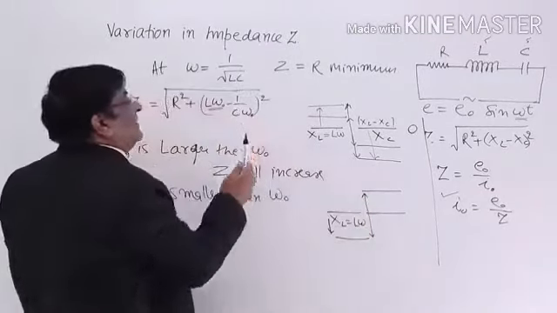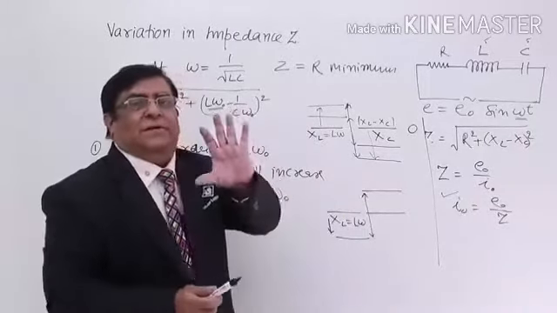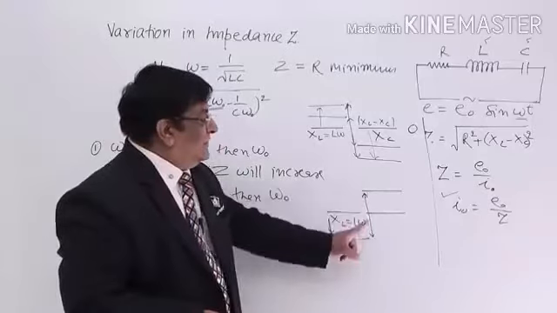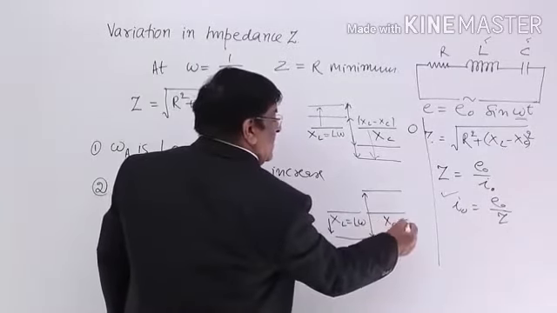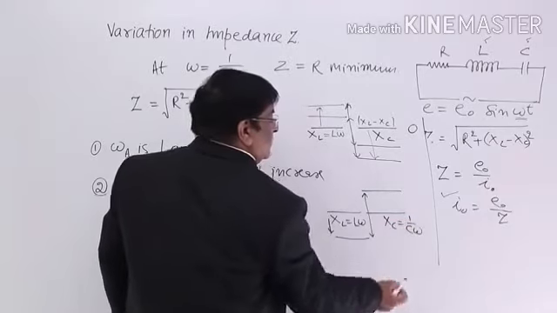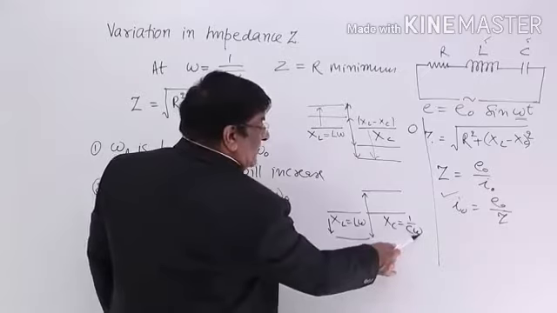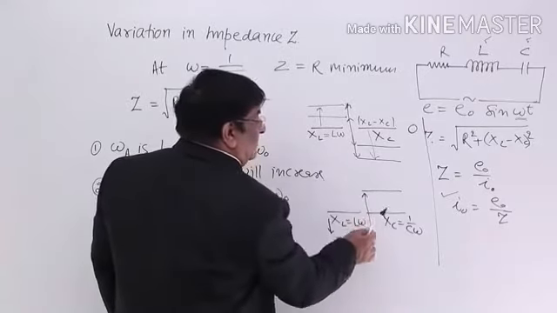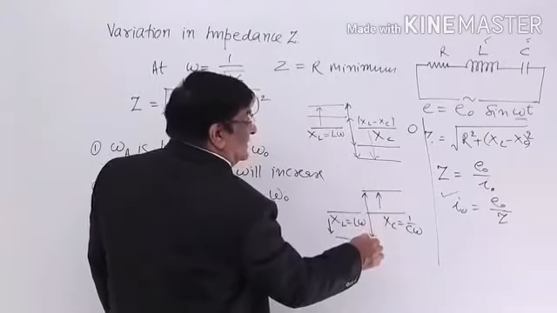Due to the square, there is no effect of minus and plus. Only the difference value is to be taken. So when we decrease omega, XL becomes less, XC becomes high, but the difference is increasing.